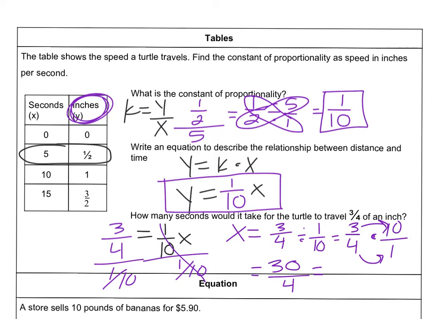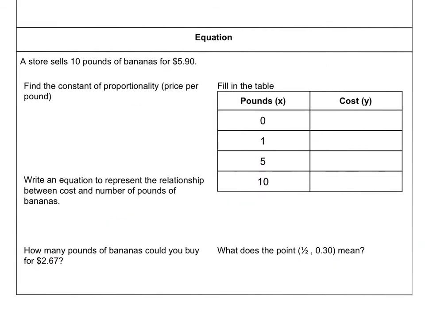We can do it as a decimal. 30 divided by 4 is 7.5 seconds. All right. So using just an equation or just unit rate, so maybe this should say equation slash unit rate.